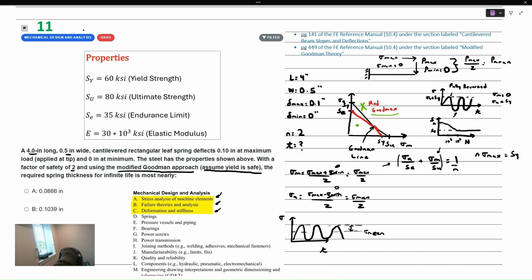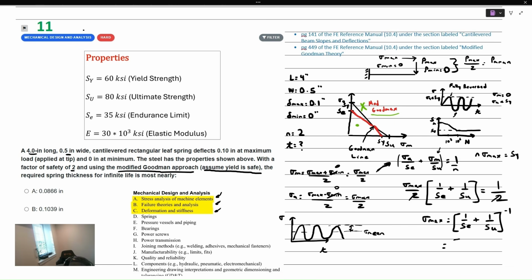If we substitute in the max over 2 into our Goodman criteria over here, what we see is that sigma max over 2 multiplied by 1 over the endurance limit plus 1 over the ultimate strength, that is equal to 1 divided by my factor of safety. And the factor of safety for us is 2. You can see the 2's are going to end up canceling out such that the maximum stress is equal to just the inverse of this fraction over here.